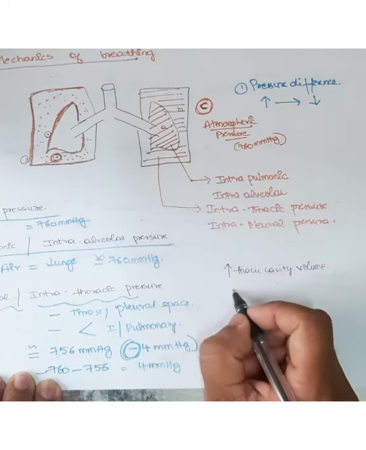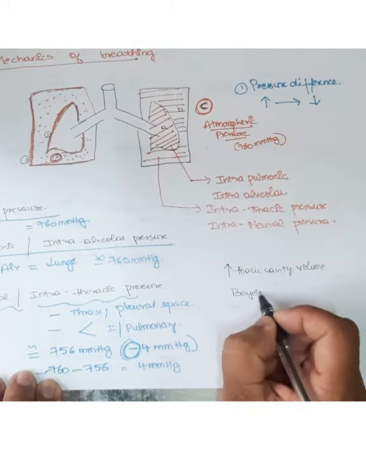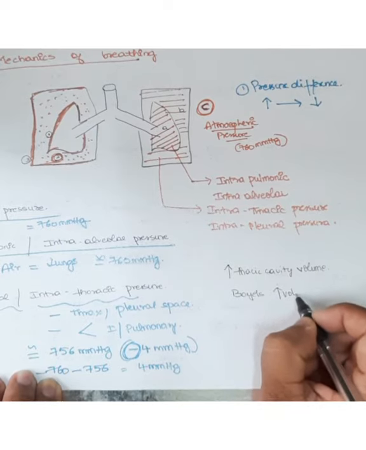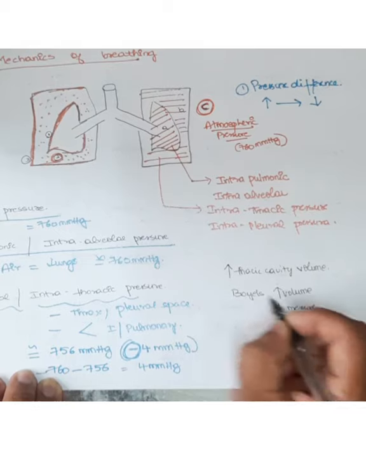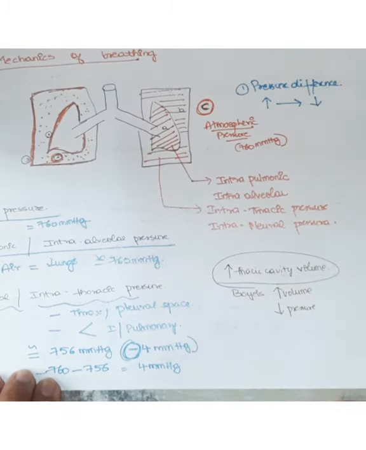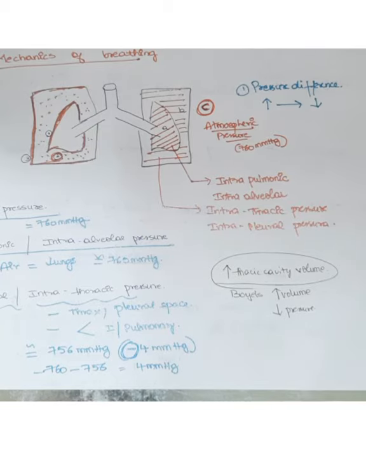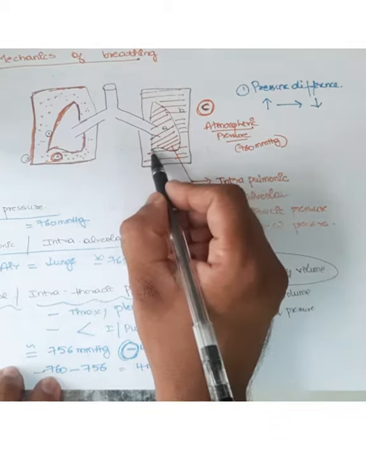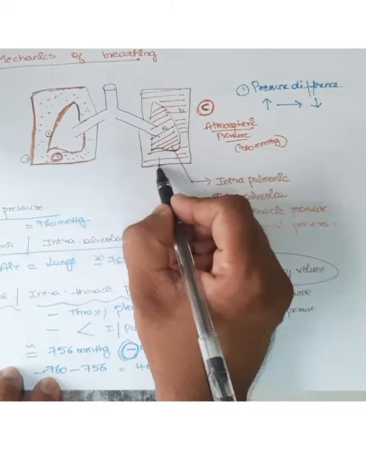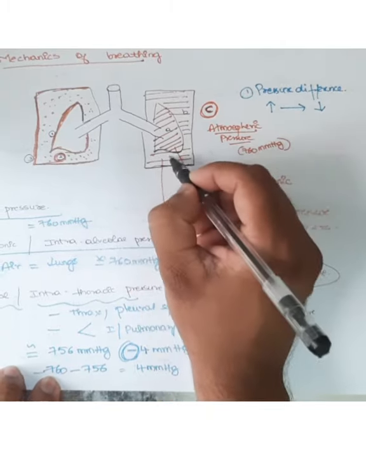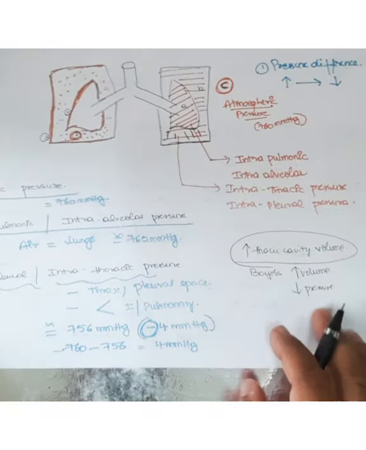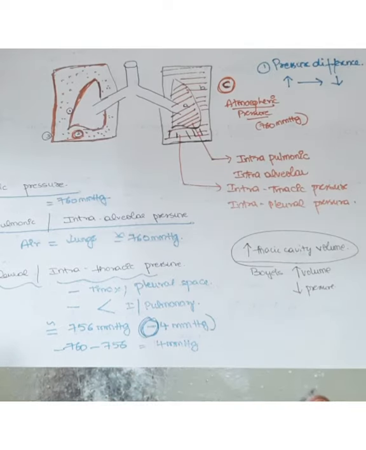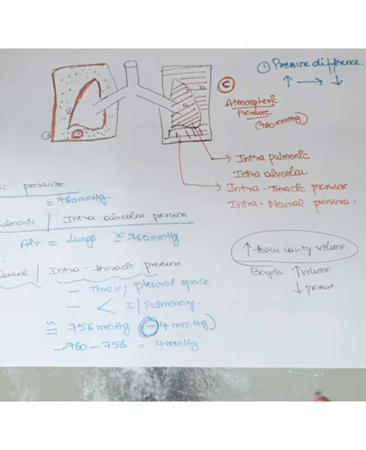As we have already seen by Boyle's law, whenever there is an increased volume, there should be decreased pressure. So this increased thoracic volume is maintained by the elastic tendency of the lungs and the chest wall and also the surface tension seen here. Therefore, it is always negative when compared to the intrapulmonary pressure.